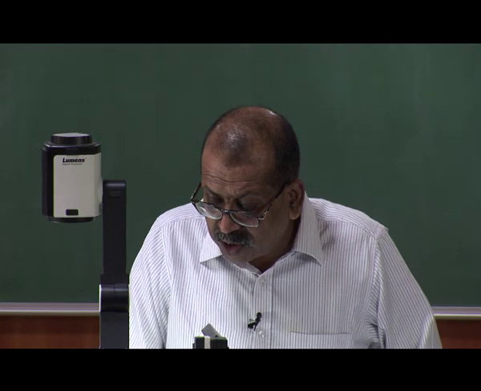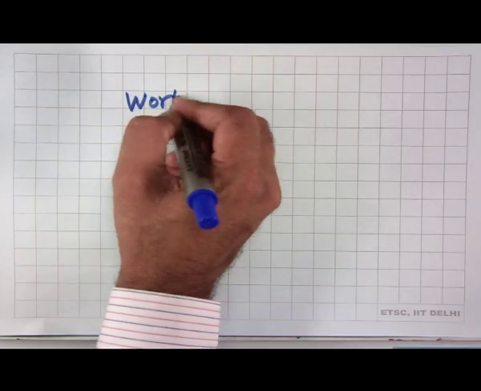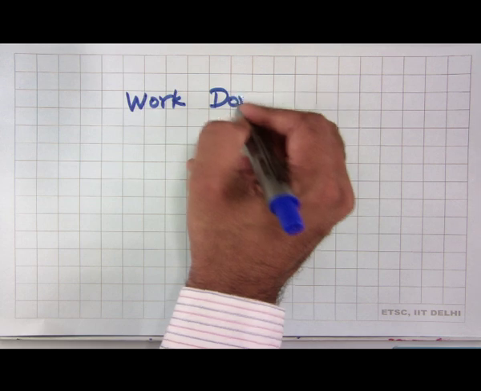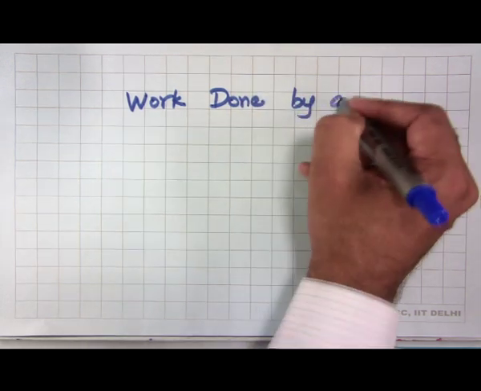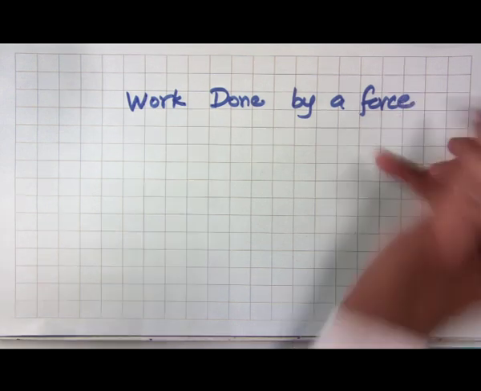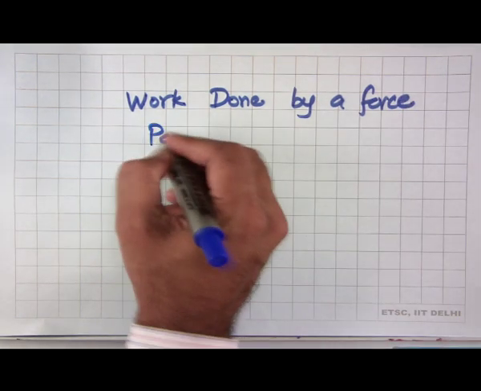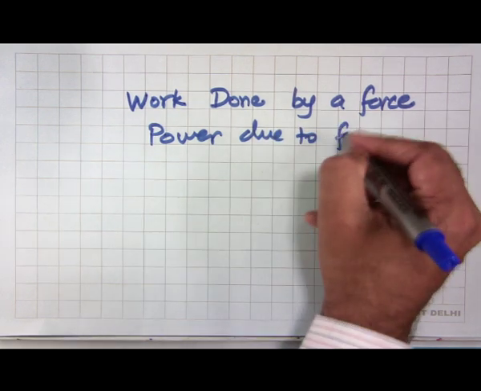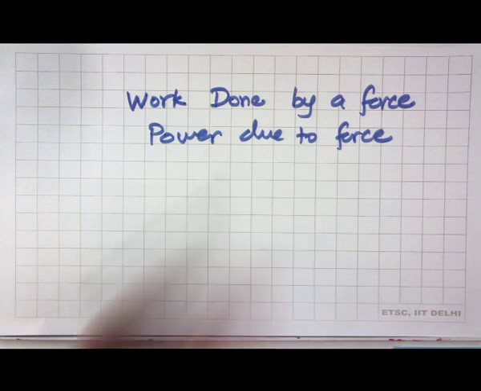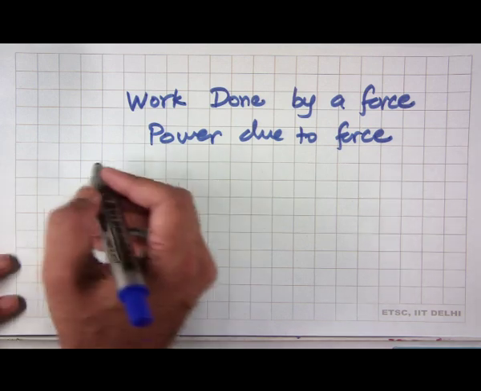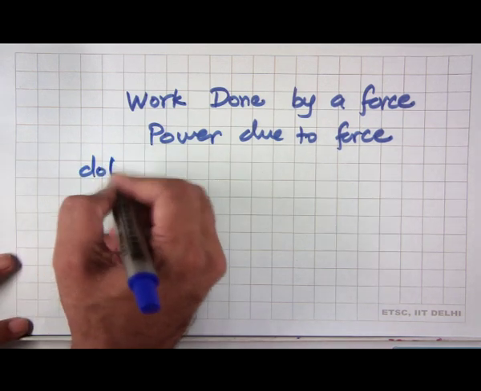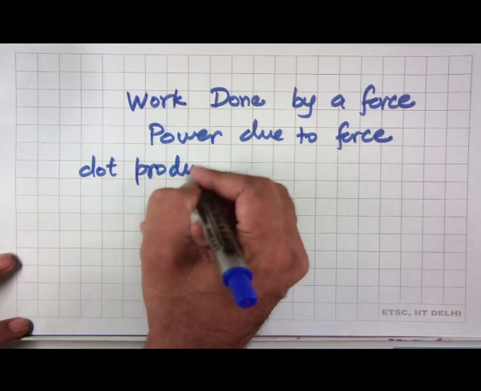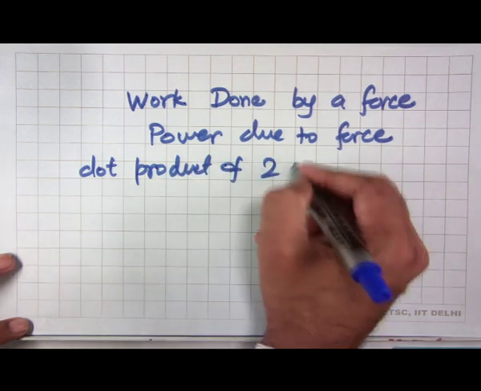We use the dot product in many circumstances, and one of the places where you will come across the dot product is in mechanics, when we talk of work done by a force or the power due to a force acting on a point. These quantities, work done and power, are nothing but dot products of two vectors.